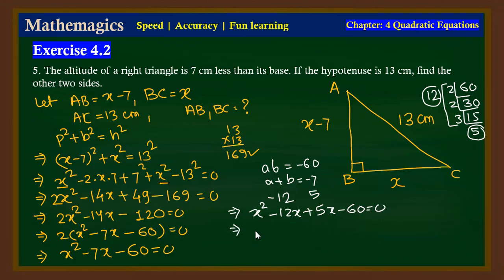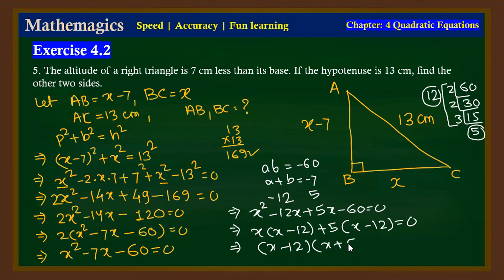It means x will go common, then x minus 12, plus 5 will go common, then x minus 12 is equal to 0. It means x minus 12 will go common, then x plus 5 is the remaining part. So finally here I will write that either x is equal to 12 or x is equal to minus 5.